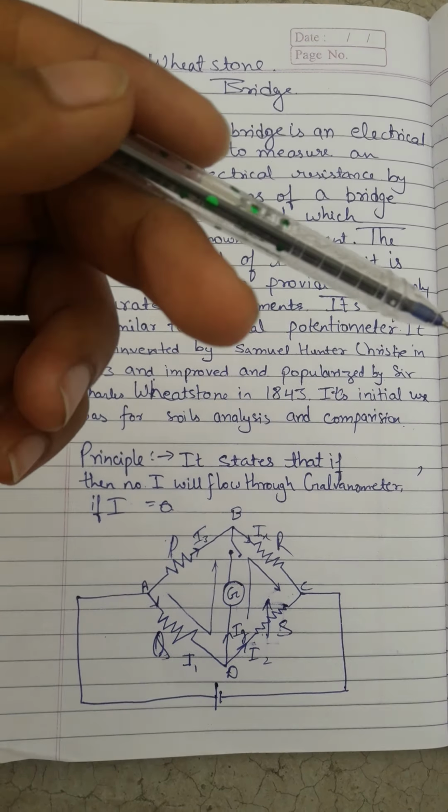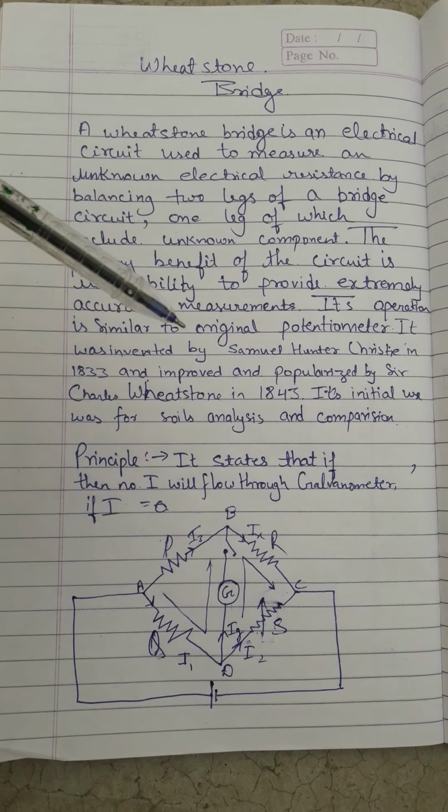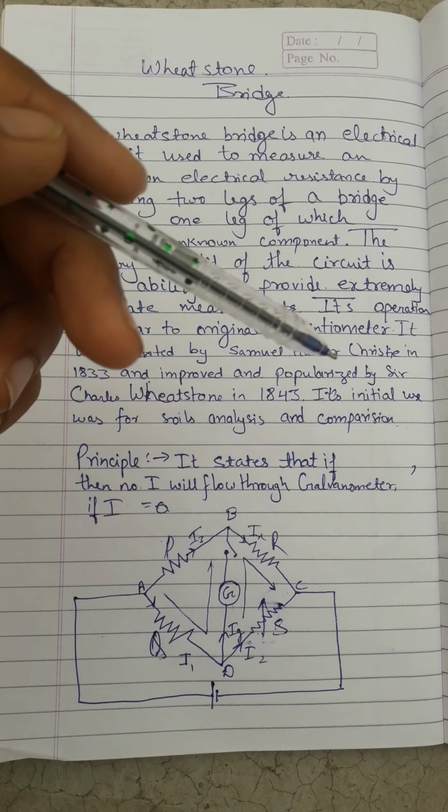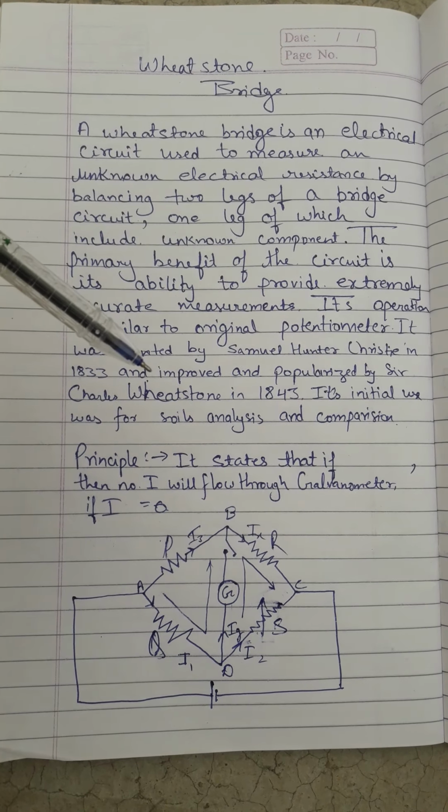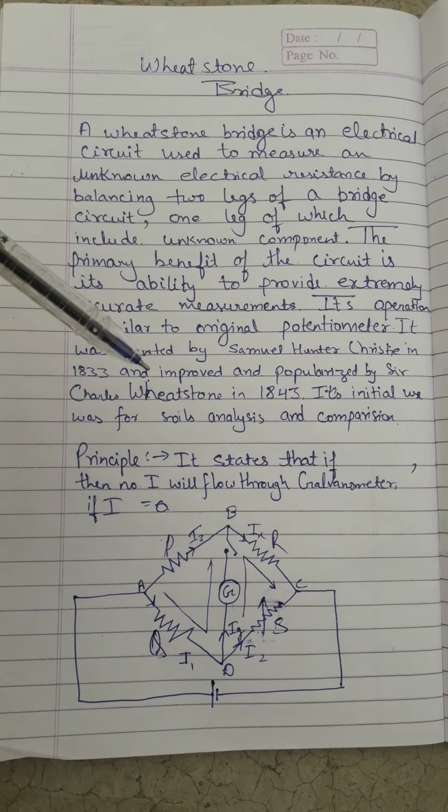So it was invented from the potentiometer by Samuel Hunter Christie, but it was popularized by Wheatstone, so that's why we call it the Wheatstone bridge. Its initial use was for soil analysis and comparison, to compare different soils and to analyze their compositions and various qualities.